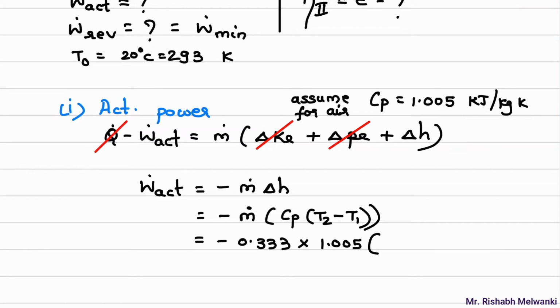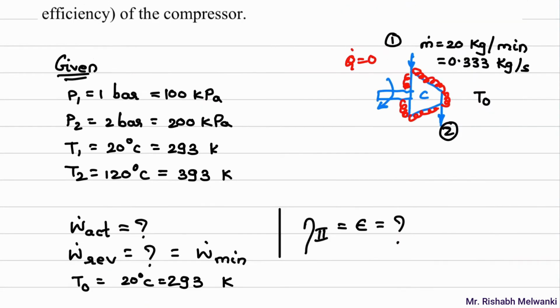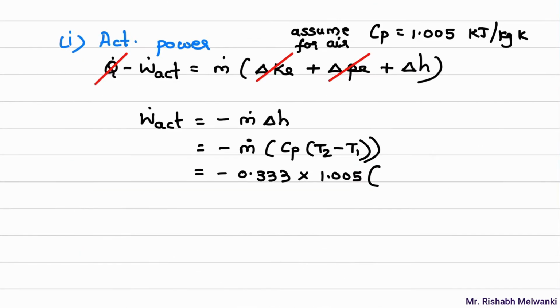In bracket T2 minus T1. T2 and T1 values are given: T2 is 393 and T1 is 293. So 393 minus 293. What is the answer of this? It comes out to be approximately minus 33.5 kilowatt. There will be some difference in the decimal point, that is okay.